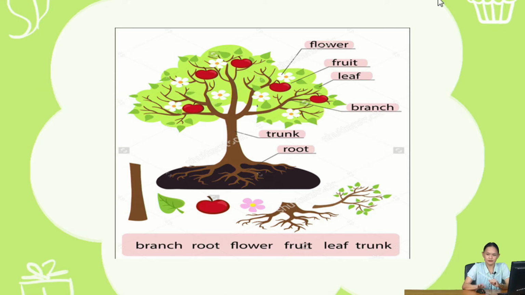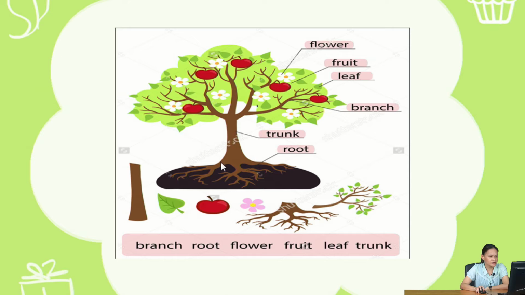And the brown one that looks like this in a tree, it's called a branch. So it supports the fruit, the flower, and the leaves. The branch supports itself. So this is a branch. 1, 2, 3, 4. That is a branch.